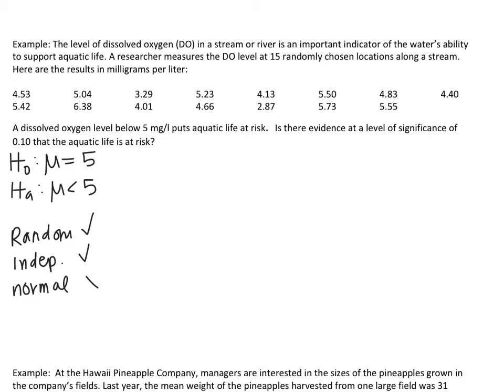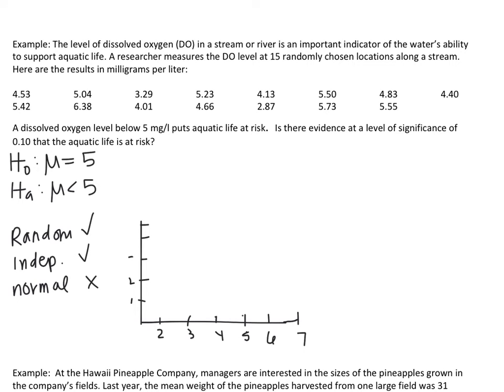So if we draw a short little X and Y axis here, we go through our values, which I'm going to kind of round because I'm going to do a histogram. So 2, 3, 4, 5, 6, and 7.